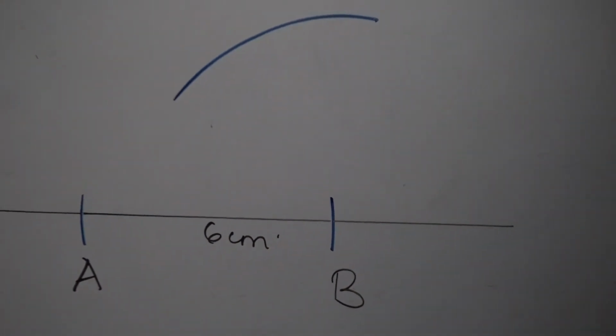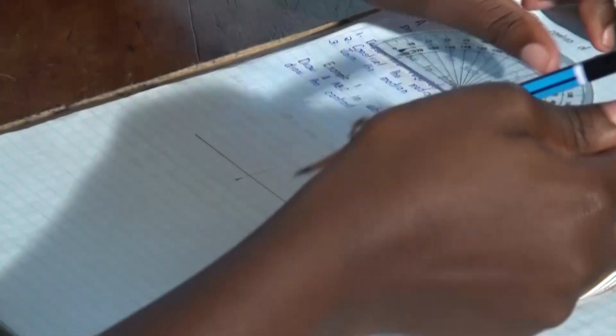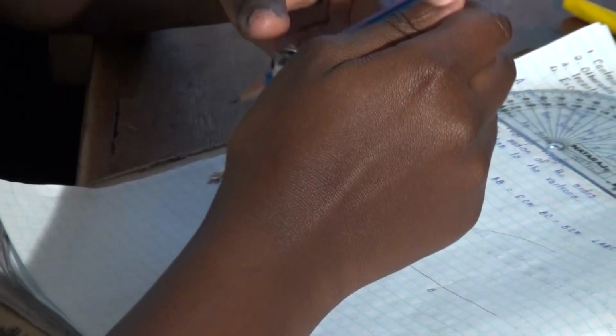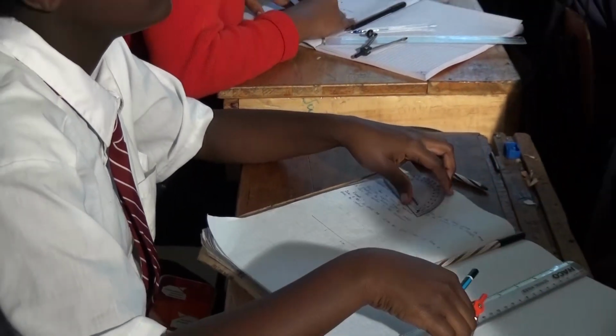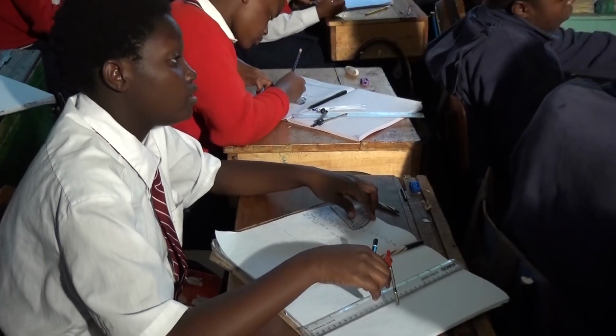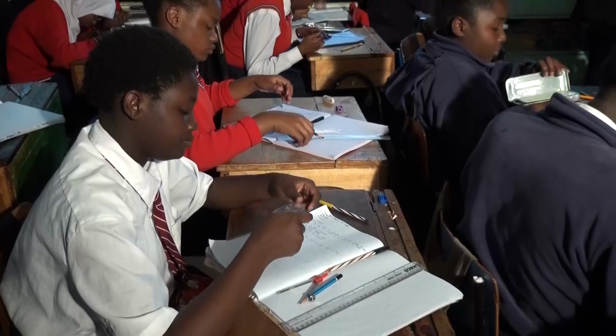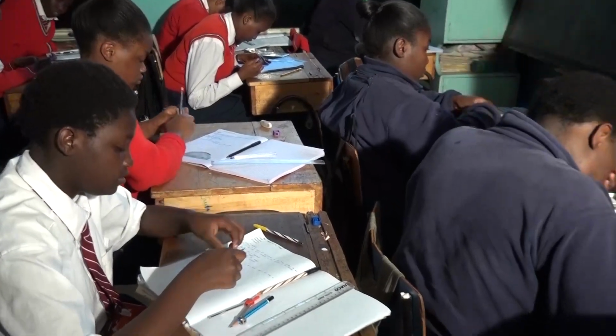We have been told angle B is how many degrees? 40. All of us know. Can we construct 40 without using a protractor? Not really. So in that case, use your protractor and at B, measure 40 degrees.